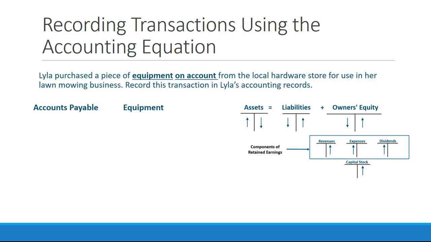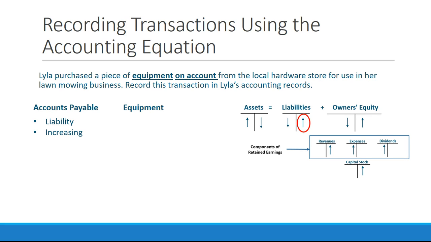But what if she had purchased this equipment on account, meaning she would pay for it later? In that case, accounts payable is affected instead of cash, and of course equipment is still affected because she's purchasing equipment. Accounts payable is a liability account, and this liability account is increasing because she's going to owe more money.